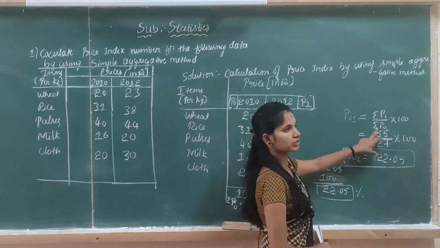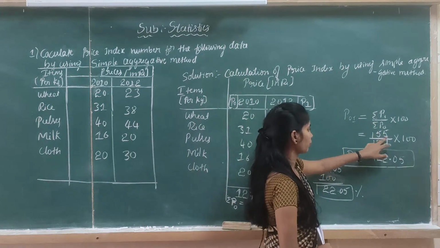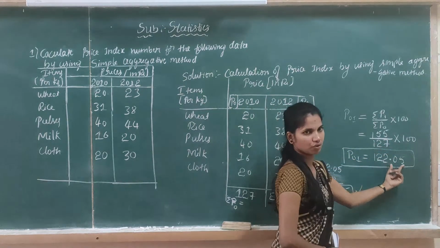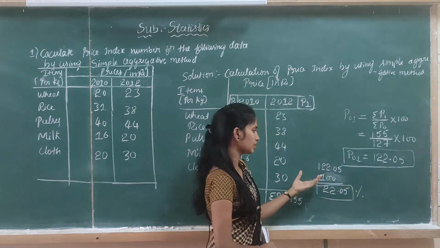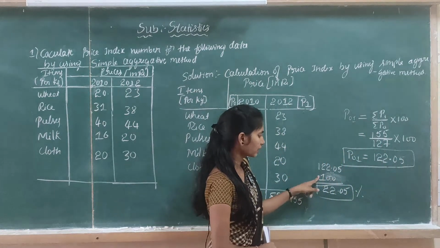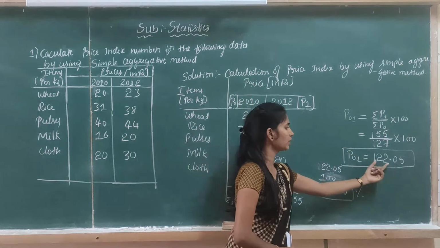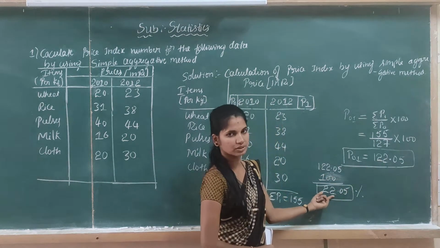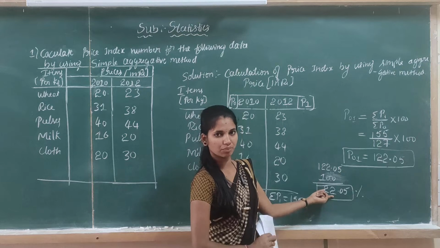Apply both values in the formula: 155 divided by 127 into 100 is 122.05. As we already considered the base year as 100, for comparing with the base year, 122.05 minus 100 gives the value 22.05, which is expressed in terms of percentage.